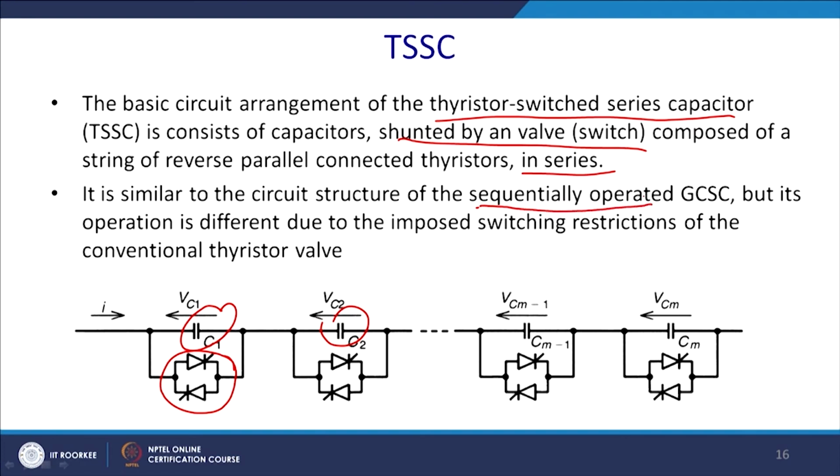So there is not much difference, but it is thyristor operated, and its operation is different due to the imposed switching restriction of the conventional thyristor valve. Since the GCSC is mostly controlled by turn off, the principle of operation here will be different, because turn off is not in your hand.